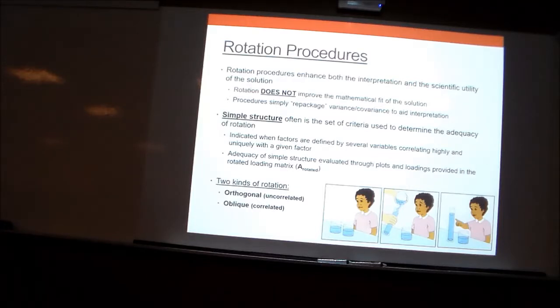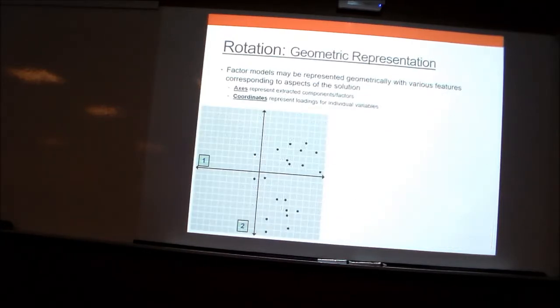Some things we want to take a look at with that. Thinking about this geometrically, let's say in this graph that axes 1 and 2 are our extracted components, our extracted factors. Our individual dots are the loadings for our individual variables. This is literally the geometry underlying factor analysis.